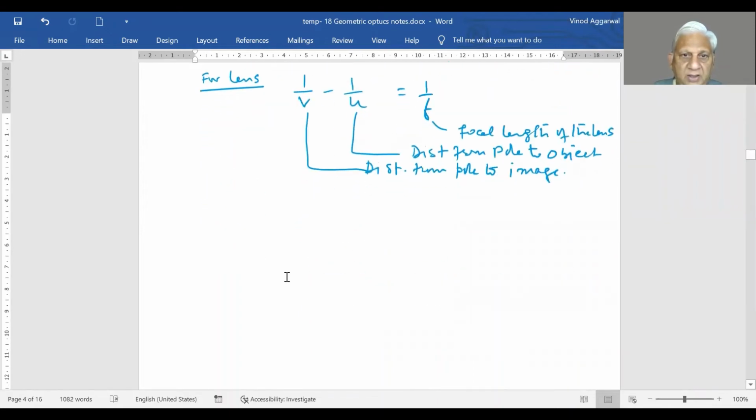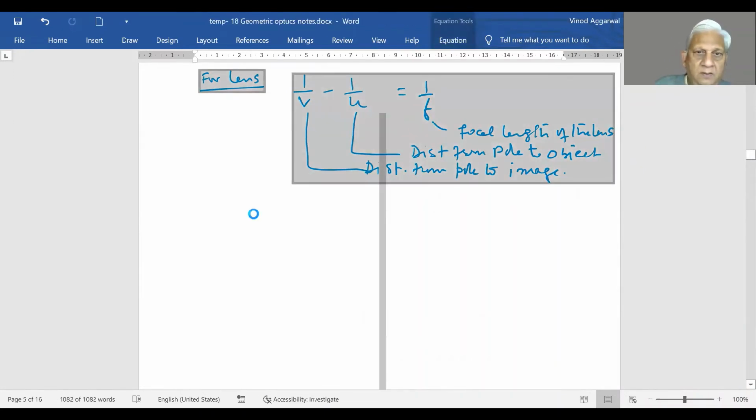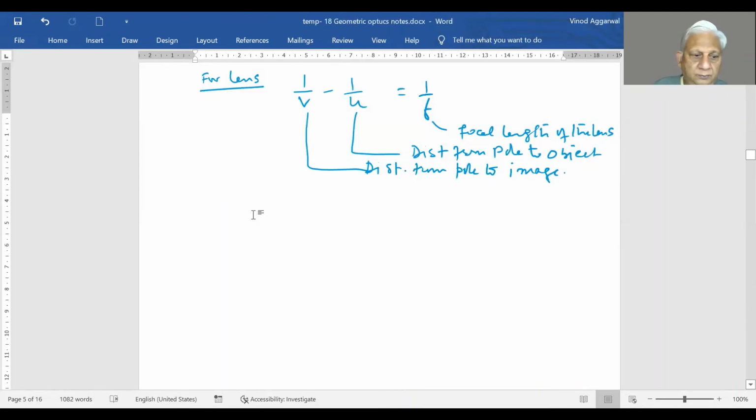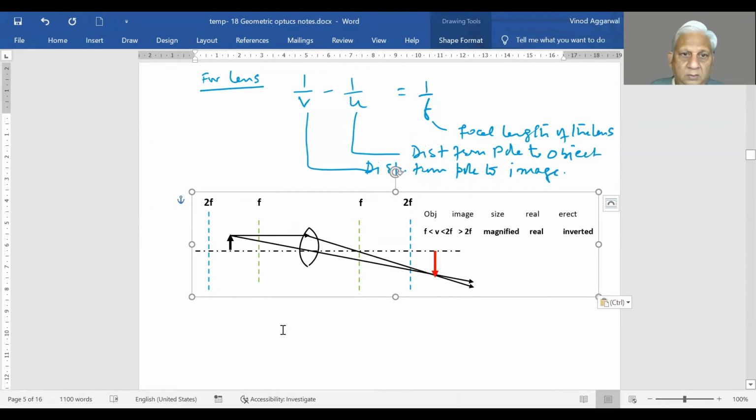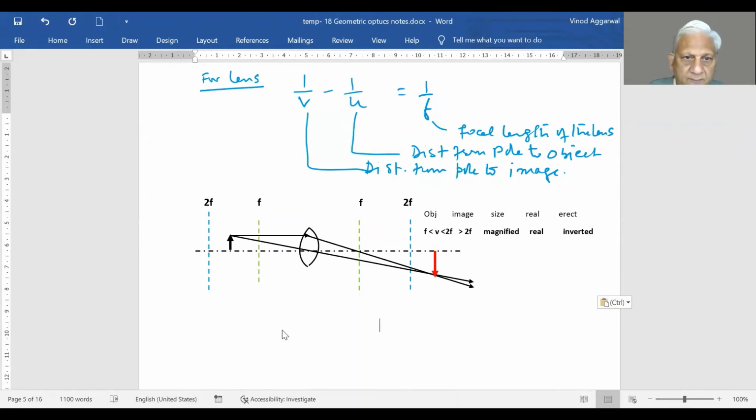Now, if we see a ray diagram of a typical lens, this is our lens. We place an object here. This is object, and this is the image that is formed. So f will be focal length of this lens.